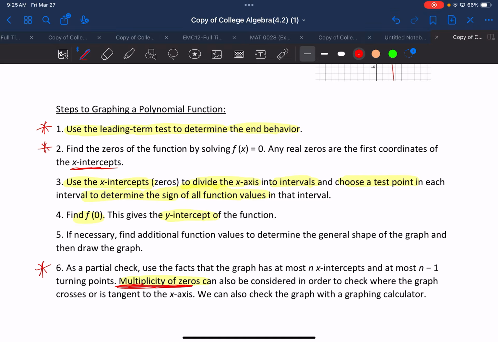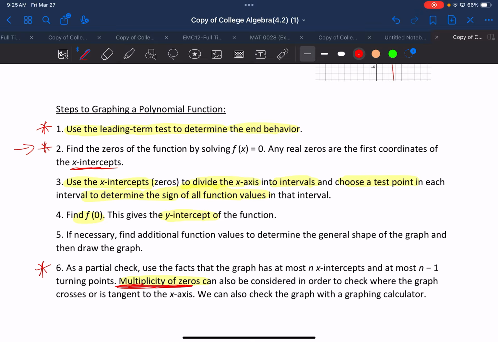You won't even have to go any further. But if they do give you multiple options that have the same end behavior, then the next thing you would want to do is find the zeros of the function. And that will eliminate and give you most of the other answers.